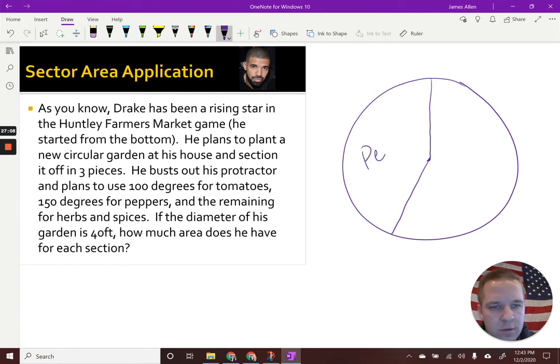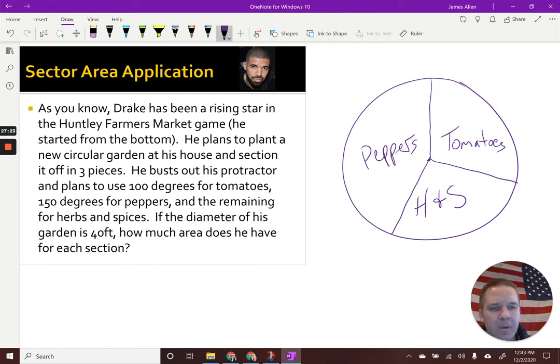So we'll call this peppers. A bit beyond 90 is the 100, so we'll call that our tomatoes. And then lastly, the herbs and spices. Cool. And I'm going to put in the 150 degrees, 100 degrees, and the whatever that would be, what? 110? Yeah.